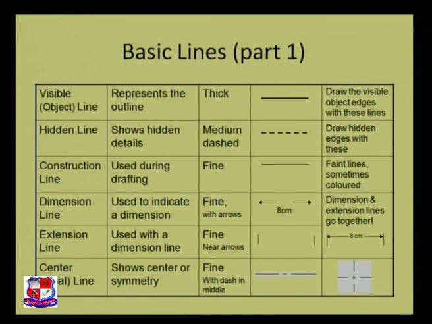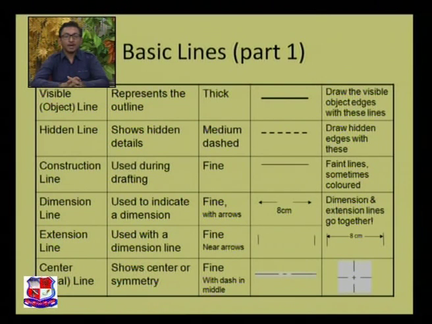Now, when we want to draw a technical drawing, there are several lines we need to use. We cannot draw a technical drawing using a single line. If we draw using a single line, then we cannot understand the drawing properly.